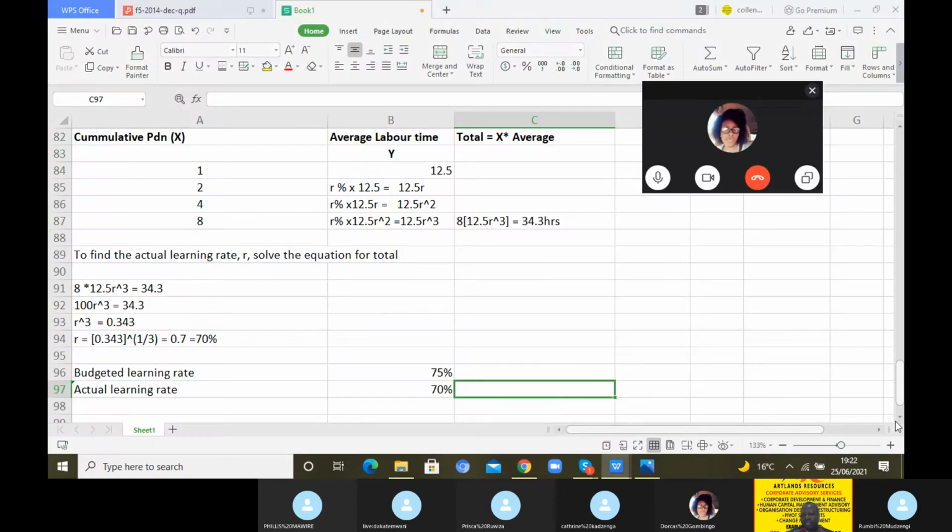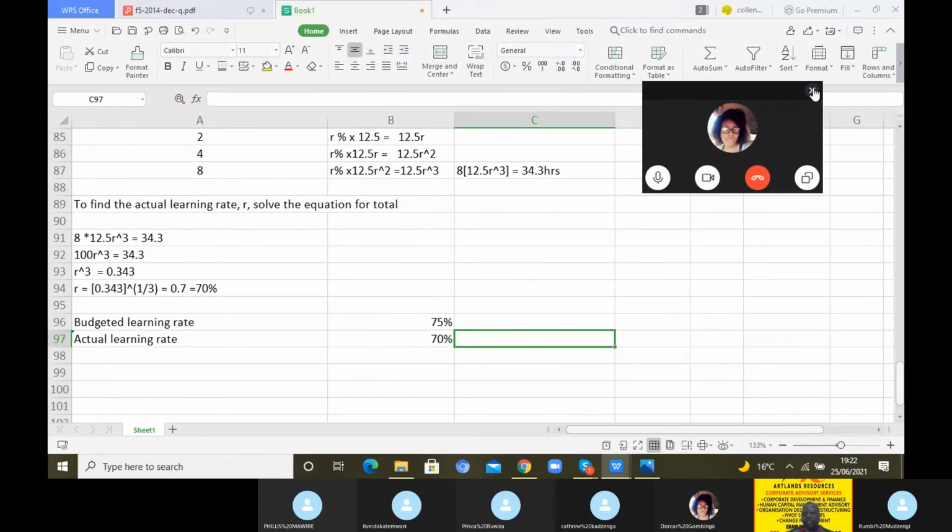So you then comment, you have to comment after calculating like this.